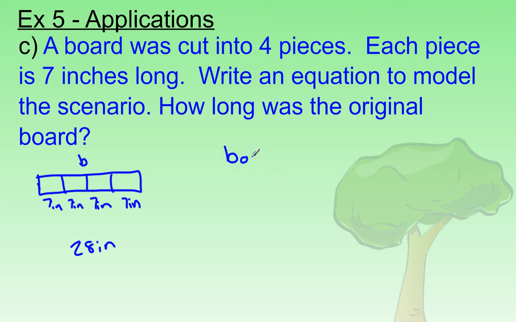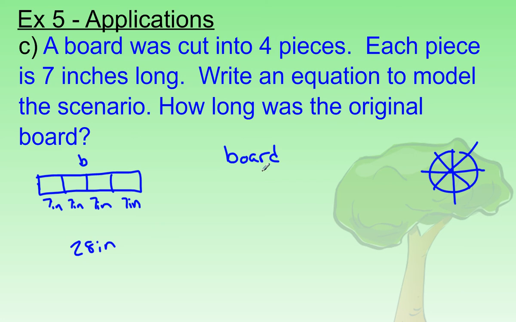If I have my board, and if you're cutting something up into pieces, that is division. If you take a pizza and you cut it this way, you divided it by 2. Now you've divided it by 4. You're cutting it up into pieces. You're dividing it into smaller and smaller pieces.